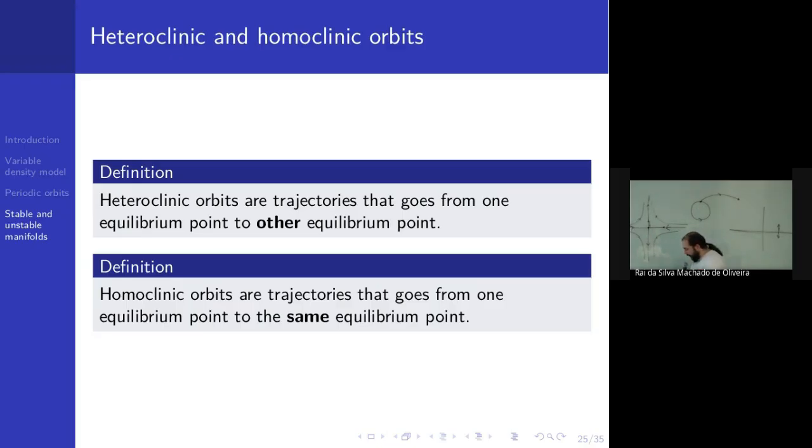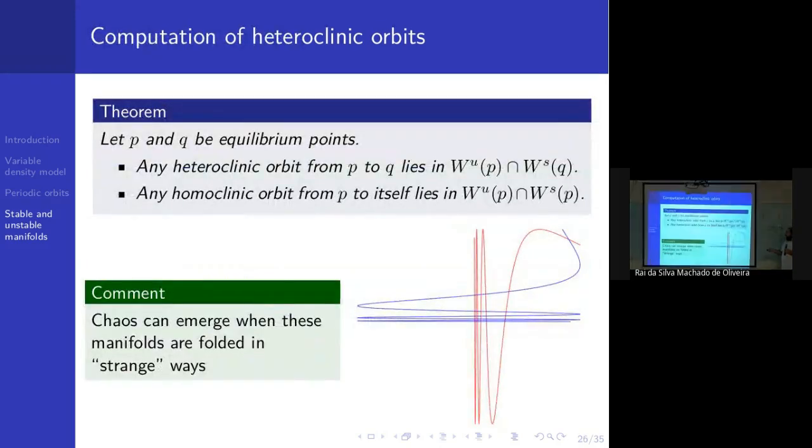How do we find those kinds of orbits? Well, very simple. The heteroclinic orbit from one point to another is in the intersection of the unstable manifold and the stable manifold of those equilibrium points, right?